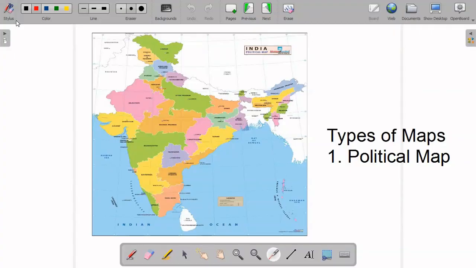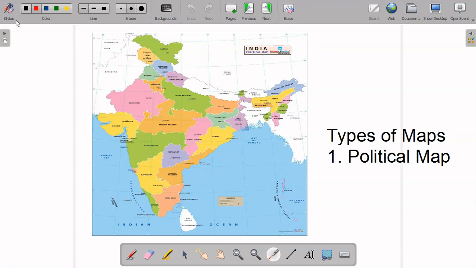The maps are prepared for various purposes. Types of map depends upon the purpose for which the map is prepared. Different features of the same place can be depicted with the help of different types of maps.